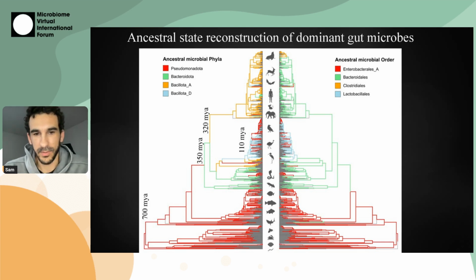It wasn't until around 350 million years ago, close to the 365 million year time point at which tetrapods evolved, that we see a stark shift towards Bacteroidota and then eventually Bacillota.